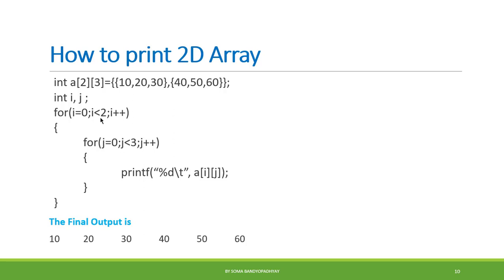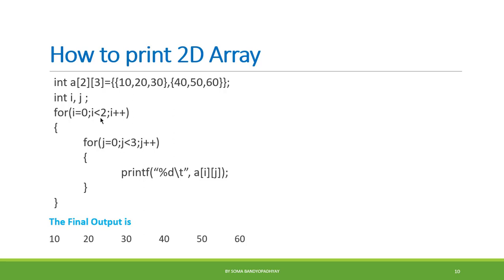Next, j is incremented by 1 and becomes 1. 1 is less than 3, the condition is again satisfied, so it will print the element of row index 1 and column index 1. Again j is incremented by 1 and becomes 2. When j is 2, the condition is again satisfied as 2 is less than 3, so it will print the element 60.